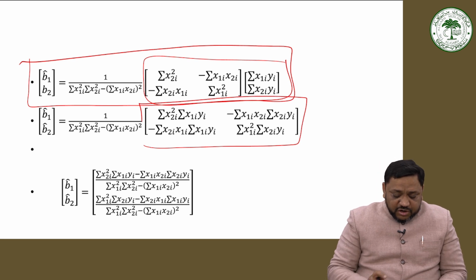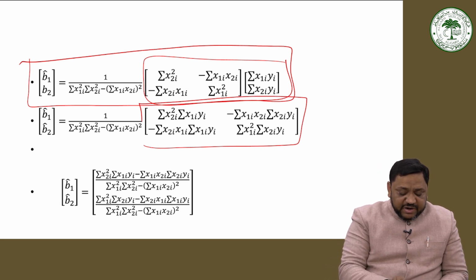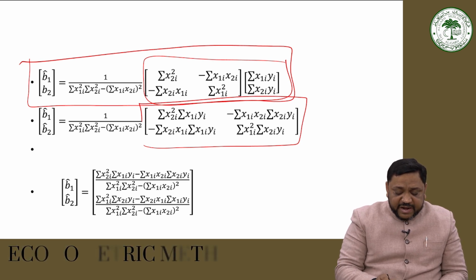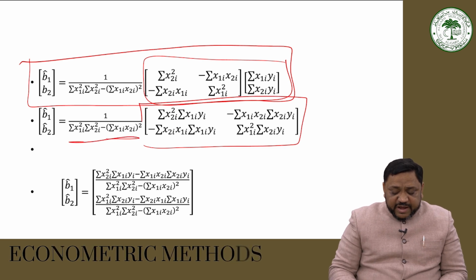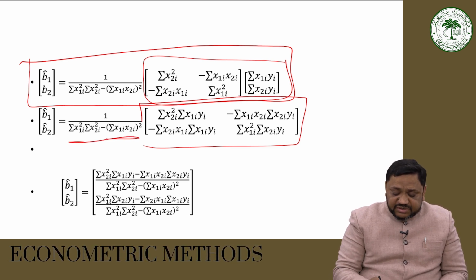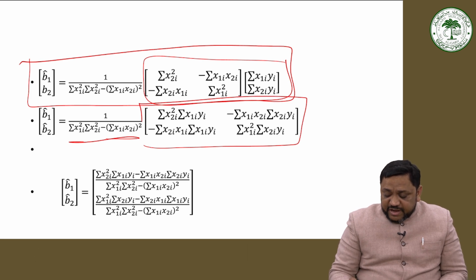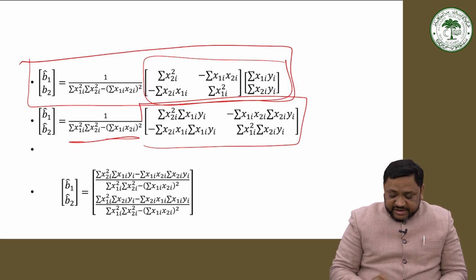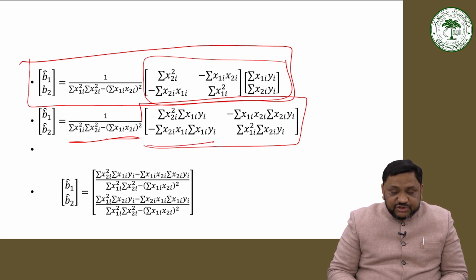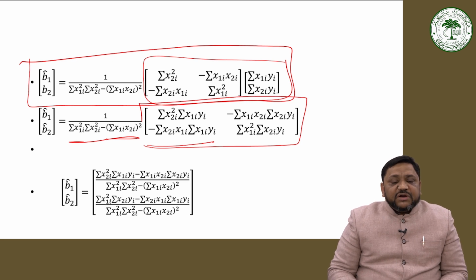So finally we have got b1 hat, b2 hat equal to 1 divided by summation x1 square, summation x2 square minus bracket open summation x1 x2 whole square, and the next matrix is summation x2 square, summation x1i yi, then the next term minus summation x1 x2, summation x2i yi, and in the second row, the first term is minus summation x2 x1, summation x1i yi, then summation x1 square, summation x2i yi.